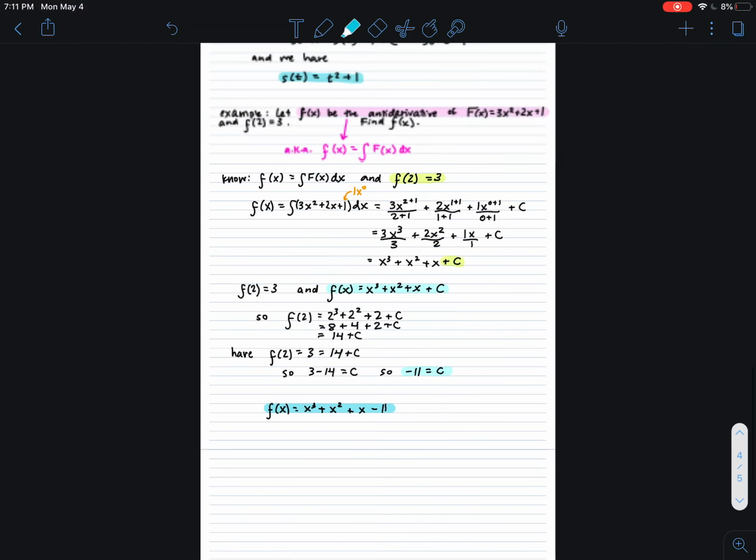Okay, so that's how to use additional pieces of information. Again, those are called initial conditions, like this f of 2 is equal to 3, to find our values of c to get specific answers for our antiderivatives.